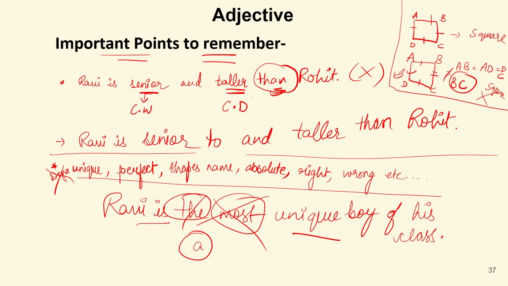Now we have to learn some more words, some more adjectives and their uses, like what's the difference between few and little, what is the difference between near and next.